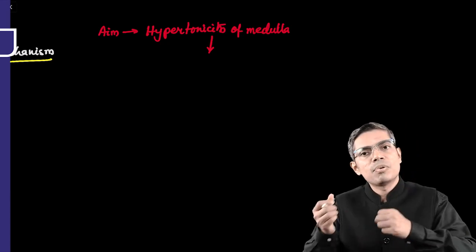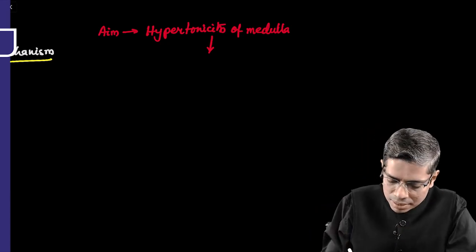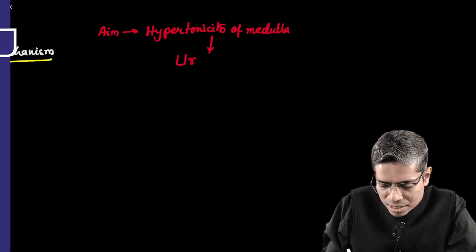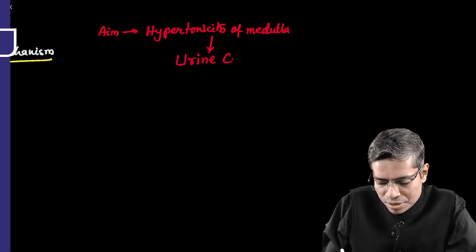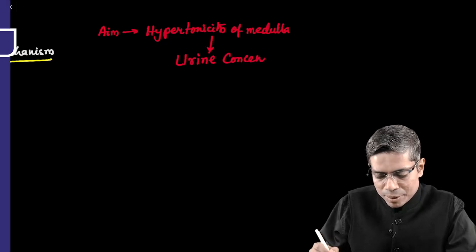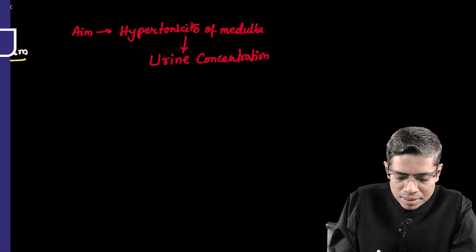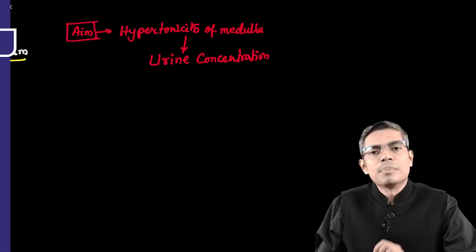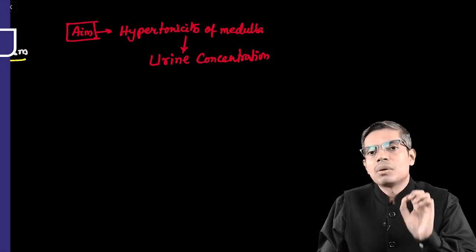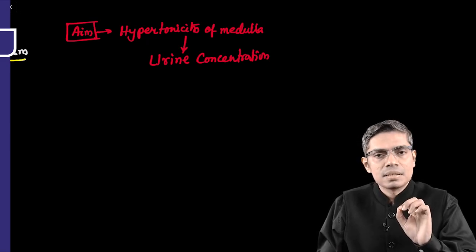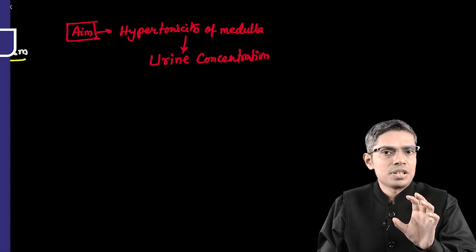So if you reabsorb more and more water, what will happen? The ultimate thing is that urine concentration is going to happen. That's why we say the main aim of the countercurrent system is urinary concentration.